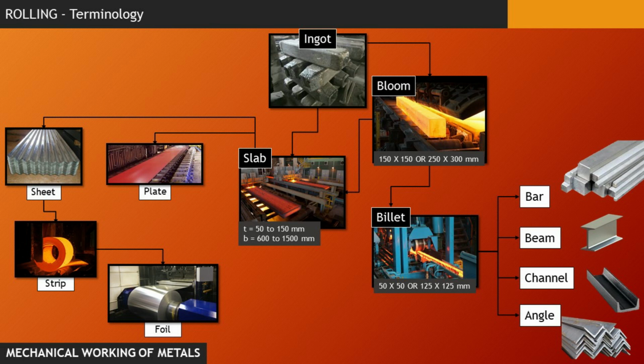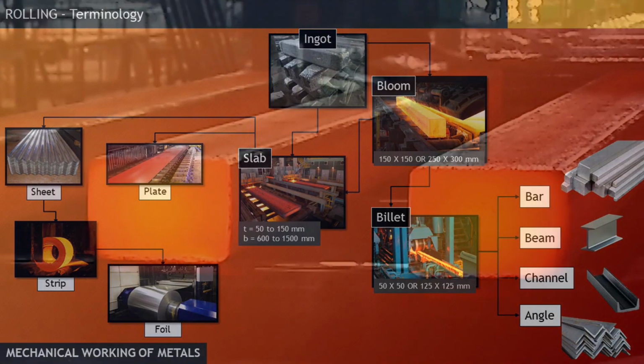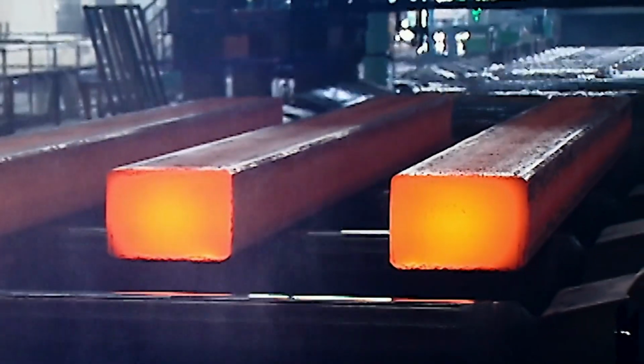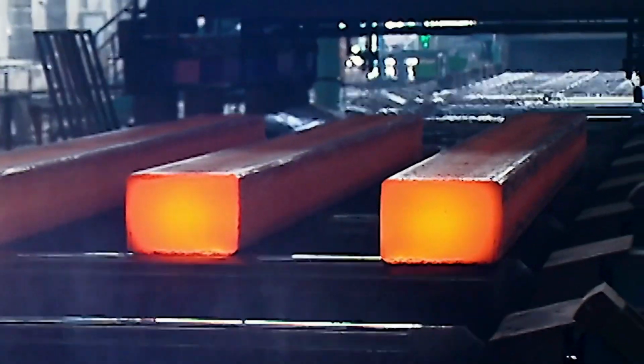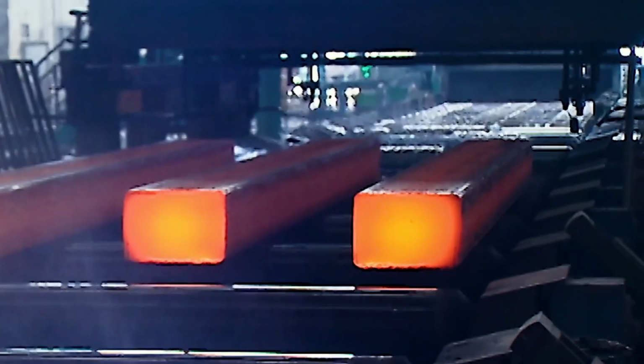This ingot is broken down by hot rolling into blooms, billets, slabs, and many more. The immediate breakdown of ingot would be bloom. A bloom is the product of the very first breakdown of ingot.